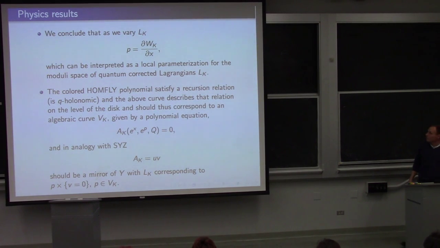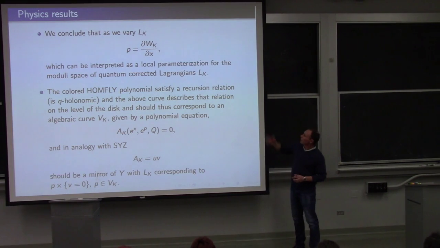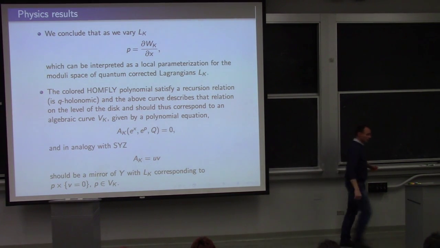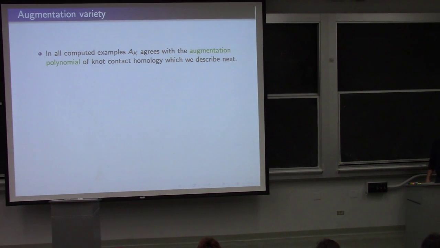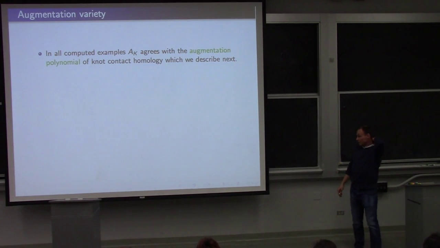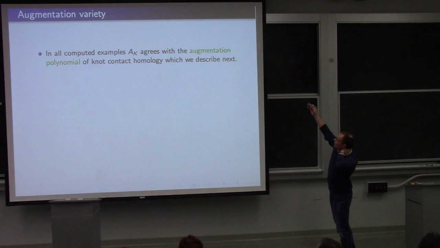Now for the relation. The most important thing here is this polynomial that's locally looking like the derivative of the disk potential. So that's where all this business started, by Mina and Gromov-Witten.